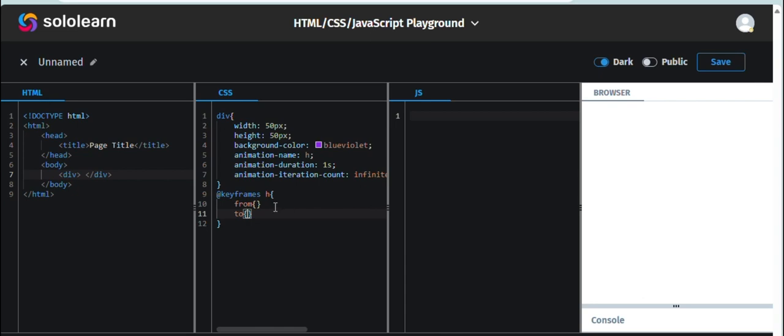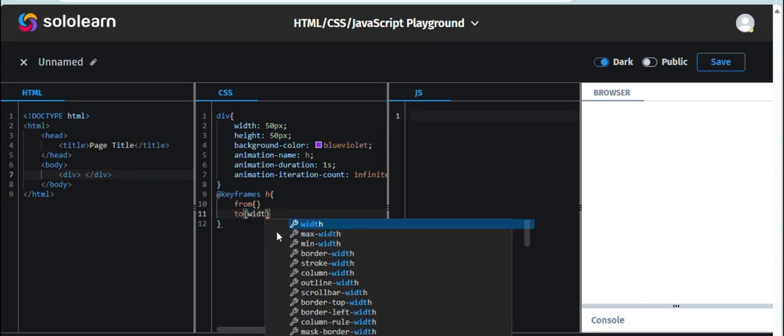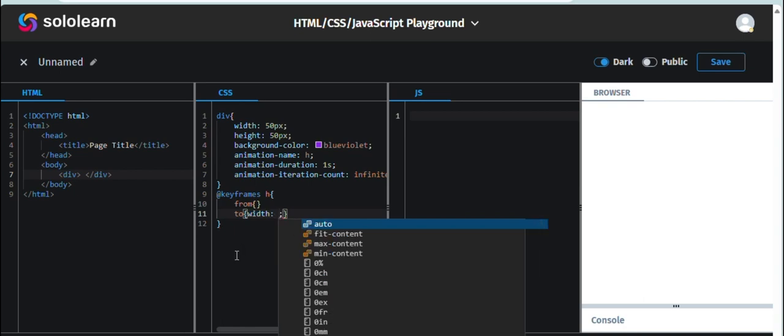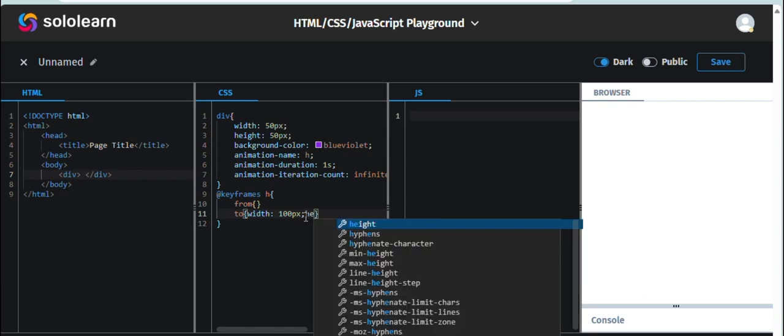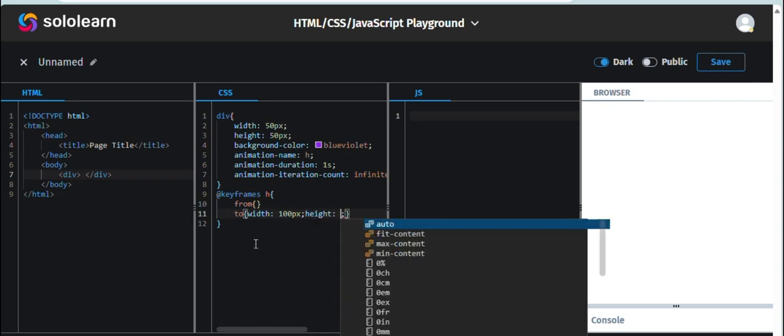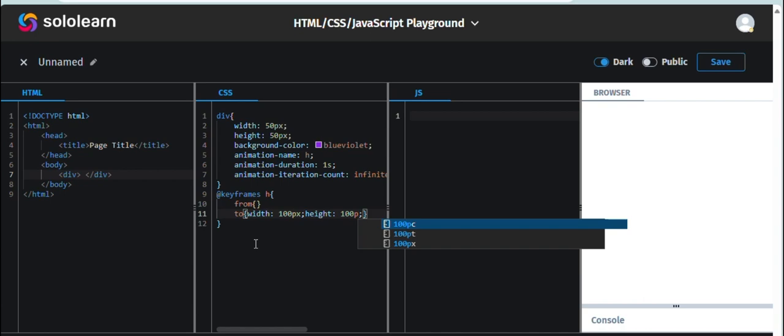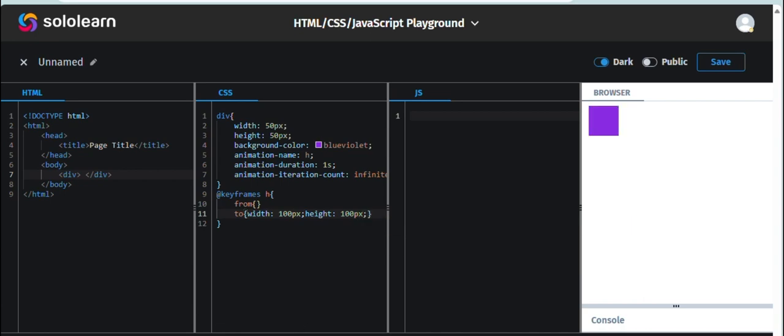We'll write the differences. So with a width of 100px, and then we also give it a height of 100px. We can even change the color. But anyway, that's good enough.